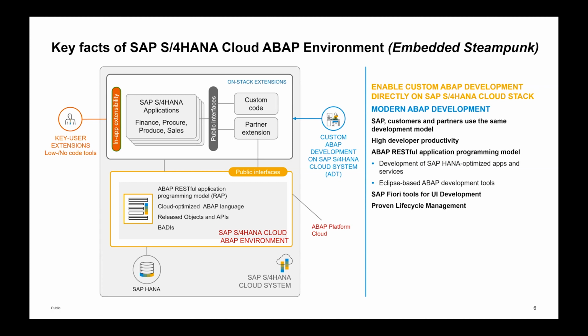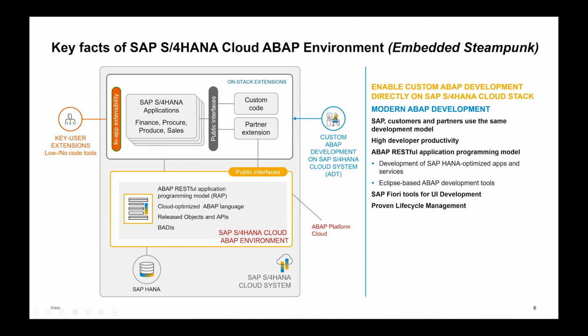Now with embedded Steampunk, we are taking all the public interfaces from Steampunk, this yellow part, and embedding them into an existing S/4HANA Cloud system. Previously, in an S/4HANA Cloud system, what was available were APIs released from S/4HANA applications like procurement and purchase requisition, these public interfaces.